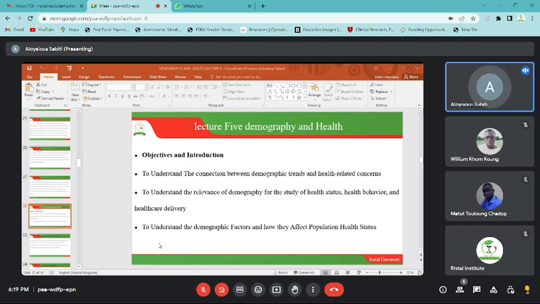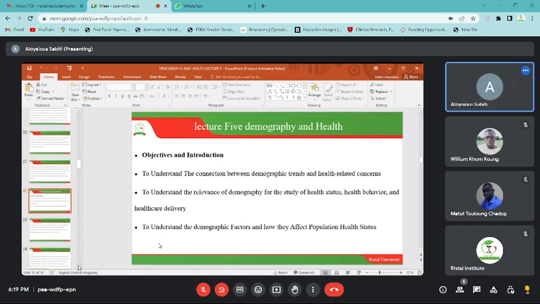And lastly, we would want to understand the demographic factors and how they affect population health status. These are the three main objectives that this lecture is going to focus on. By the end of this lecture, it is paramount that you are able to go back with the information per those objectives I've listed up there.